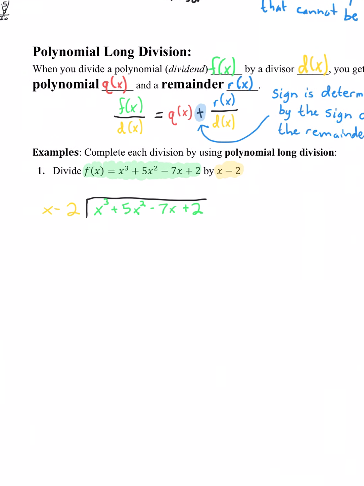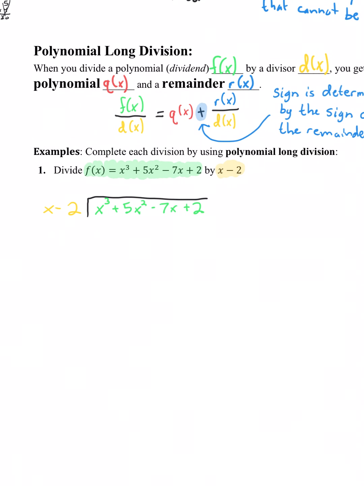And whenever we want to do polynomial long division, what we want to do first is we kind of want to ignore this minus 2. So I'm going to kind of cross it out right now for just my own self. You don't need to cross it out on your paper. But I'm just showing you that we want to focus on the x first.